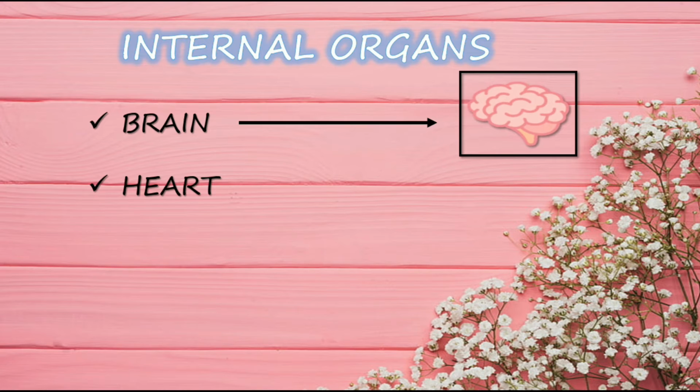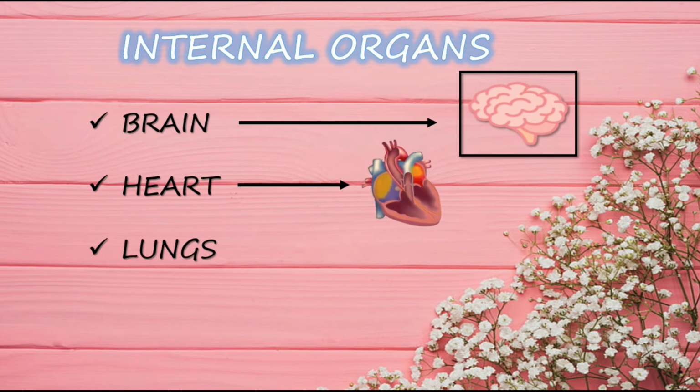Next comes the heart, pumping the oxygenated blood to other parts of our body. The main process of the heart is to pump the blood and to circulate it to every part. See this picture. Like this, the heart pumps and transfers the blood.